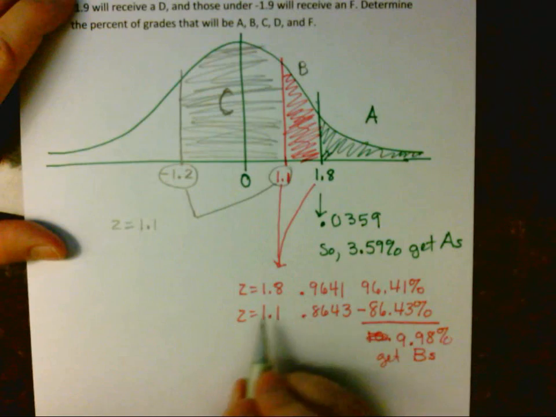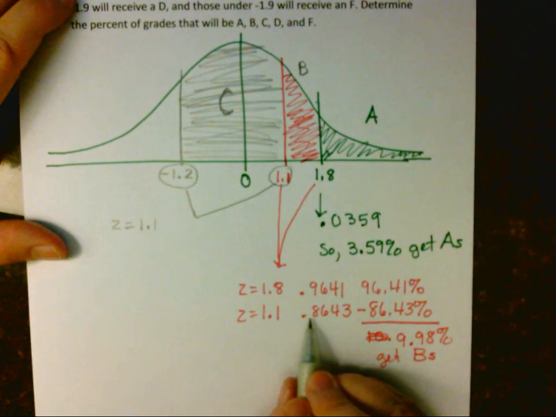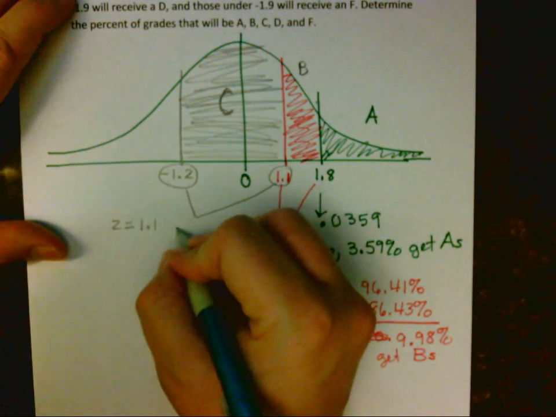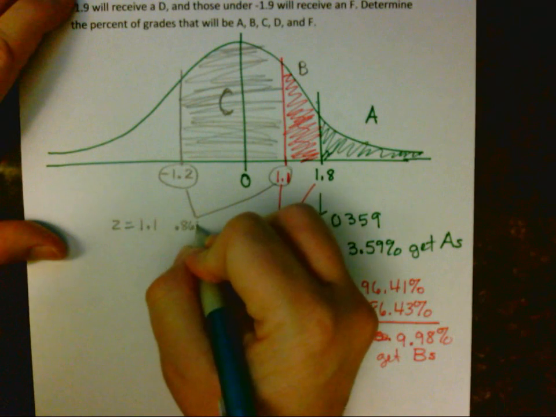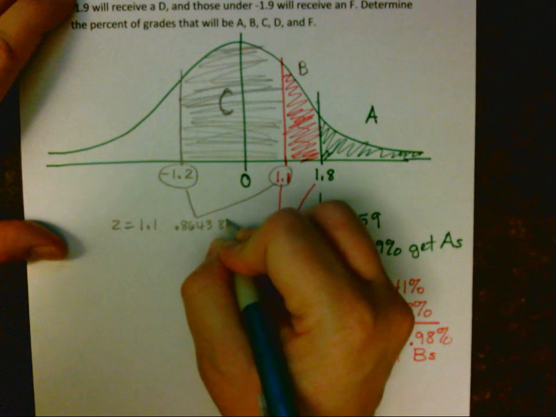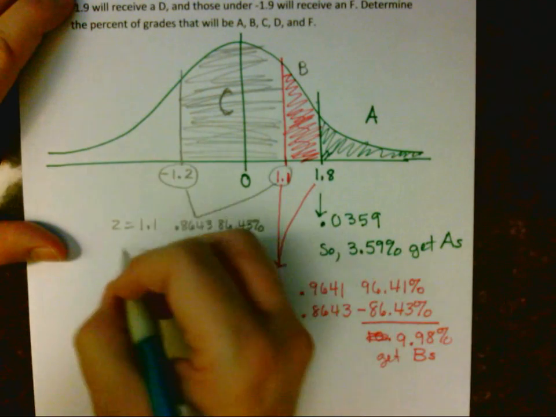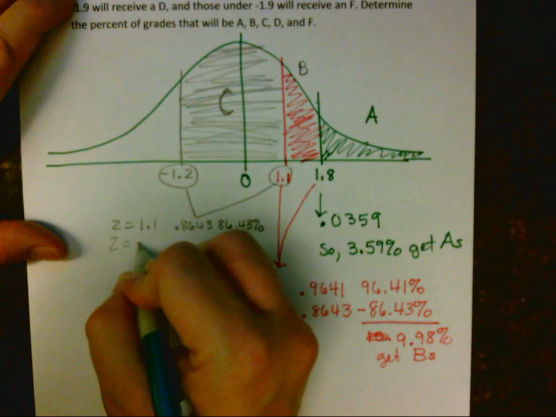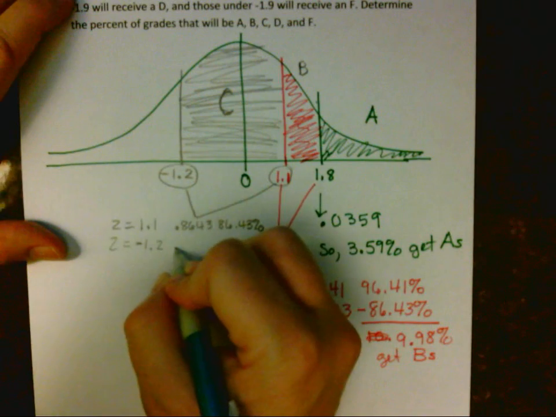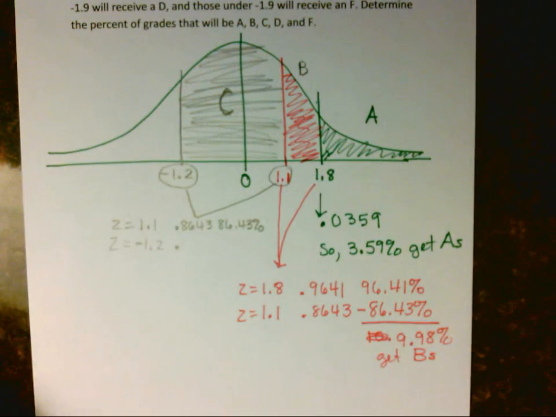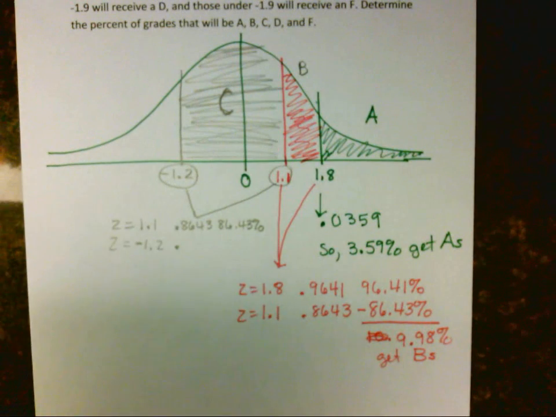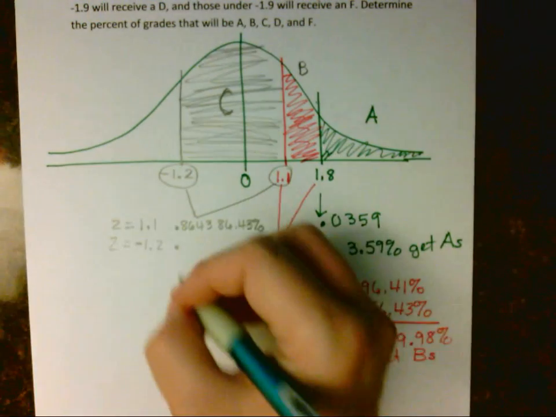Okay, so I'm going to look up a 1.1 as my Z-score. And I've already looked it up, so let's cheat. 0.8643, which gives me 86.43% there. And then I look up the Z-score of negative 1.2. Let me look that up for you. Negative 1.2 is 0.1151.